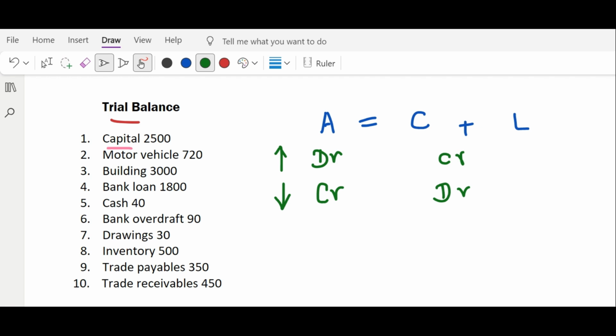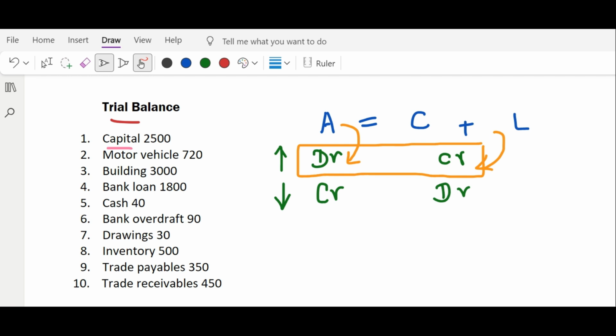Now these are balances. In case of balances, just look at this only. Right? Assets generally have a debit balance. Capital and liabilities have a credit balance. Simple as that.